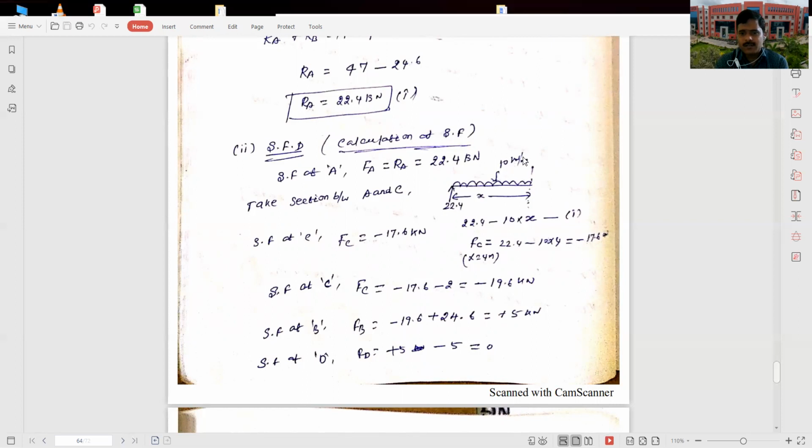So these are all the shear force load values available on the left side of the section. So shear force is nothing but adding all the forces, right? Now we can add shear force at A. At A point, what is the shear force value? 22.4. So in between A and C, if you consider the shear force at x.